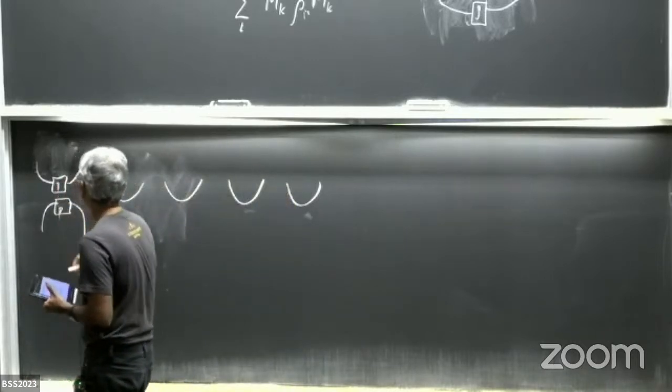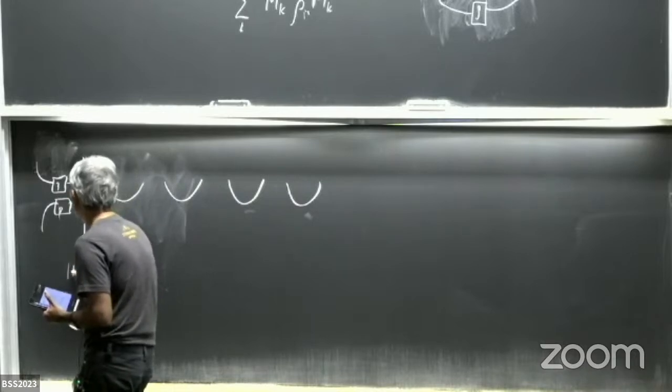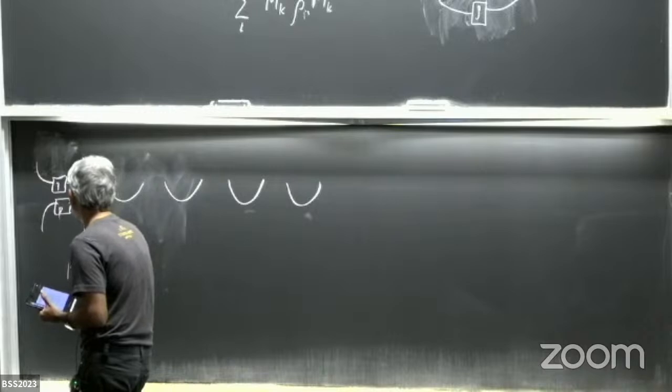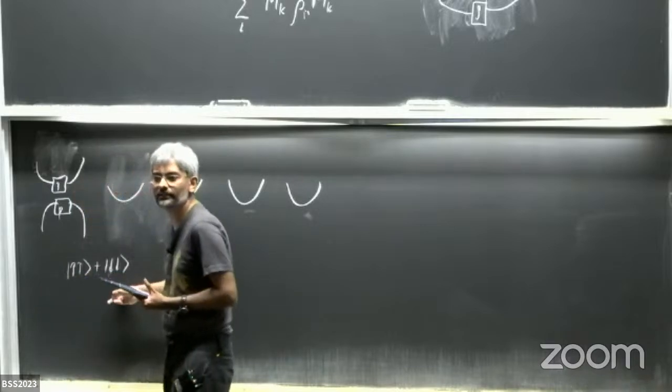So for example, let me give you an example. The identity state is up up plus down down, so you take the state that's up up plus down down, up to normalization.